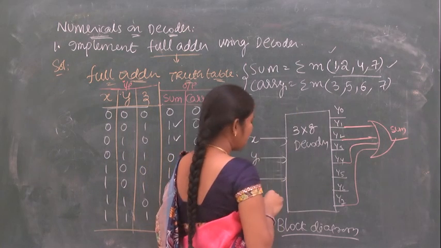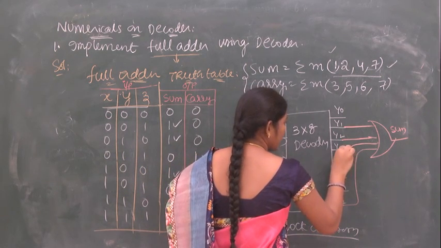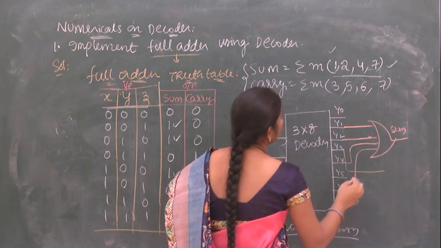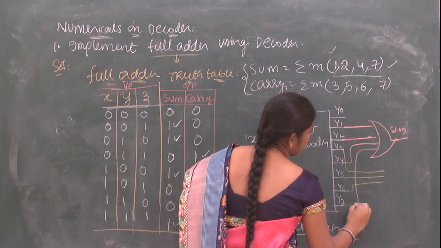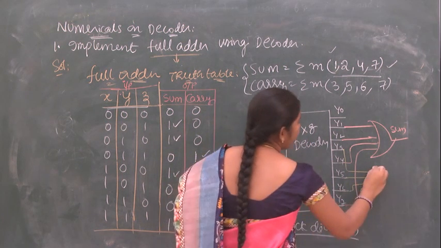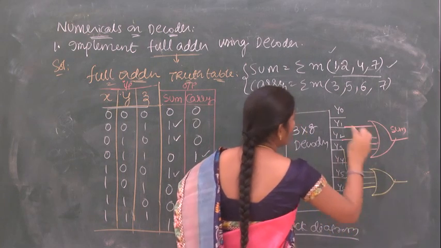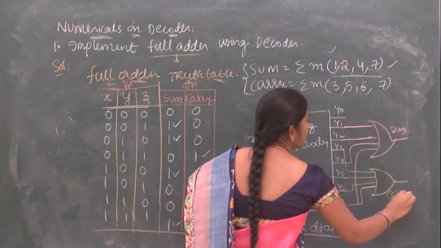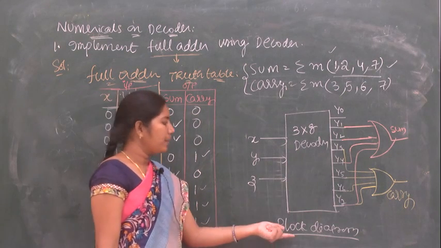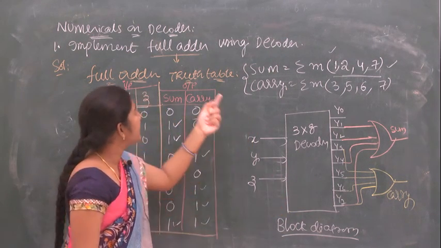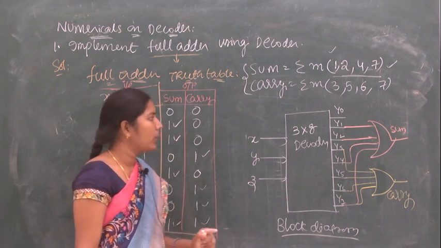Similarly, carry is high for minterms 3, 5, 6 and 7. So give all these to one OR gate, and you will get the carry output. In this way, we can design a full adder using a 3 cross 8 decoder.